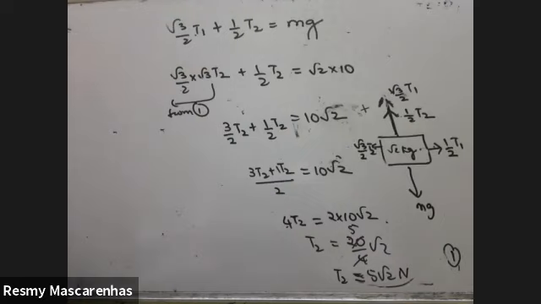Now use equation 1 to calculate T1. What is equation number 1? T1 is nothing but root 3 times T2. Whichever way you write, no problem. T1 can be written this side or this side. Now put the value of T2.